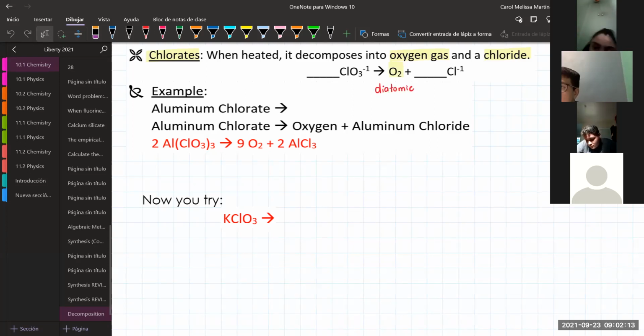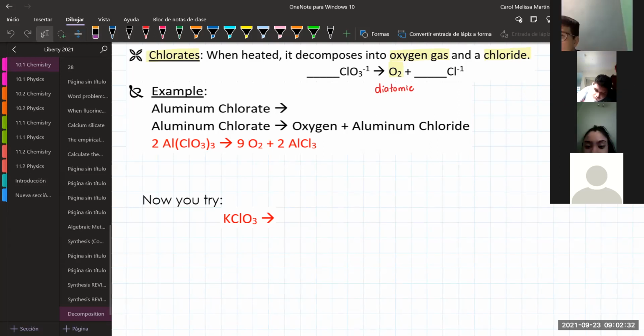So one mandatory product of these chlorates will always be oxygen alone. And because it is alone, it's always going to have a 2 because it is diatomic. And then it says that it will produce a chloride.